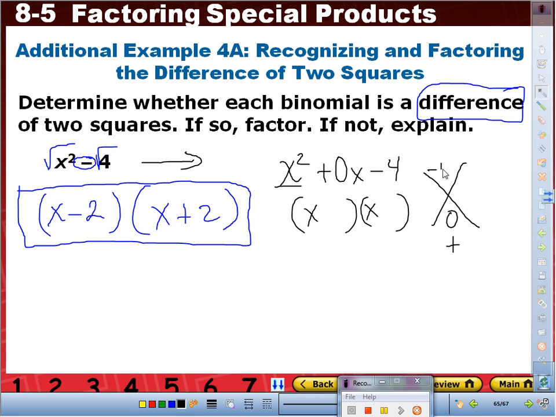My product is negative 4. What factors of 4? Let's see, 1 times 4, 2 times 2. Add or subtract to give me 0. 2 and negative 2. 2 times negative 2 is negative 4. 2 minus 2, that's 0. x plus 2, x minus 2. That's why one of them has to be negative, the other one has to be positive, because there is no middle term.